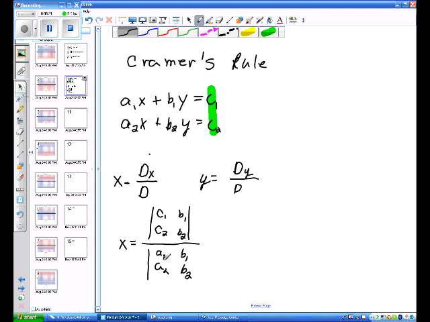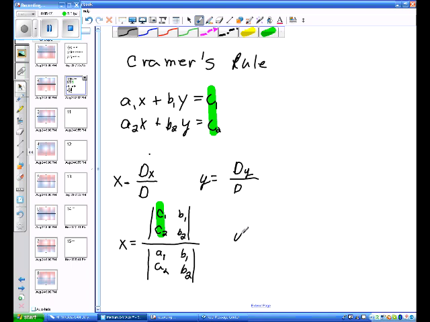So you notice in both of those, and we're solving for both the x and the y, the denominator's the same. And it's what we call the coefficient determinant. But in the numerator, we put our answers in place of the variable that we're solving for. If we're solving for the x, then our answers go in place of that.